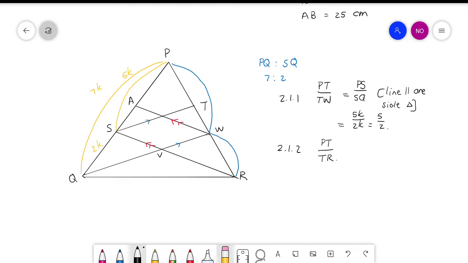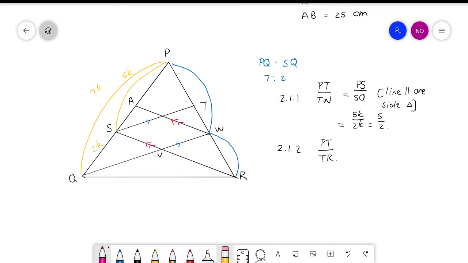This is what you should be doing when you're doing your homework, not just looking at it and thinking, nah, nie vir my nie. Are they parallel? The parallel lines are indicated there on the board. No, equal to is not the same as parallel. They're the same length.